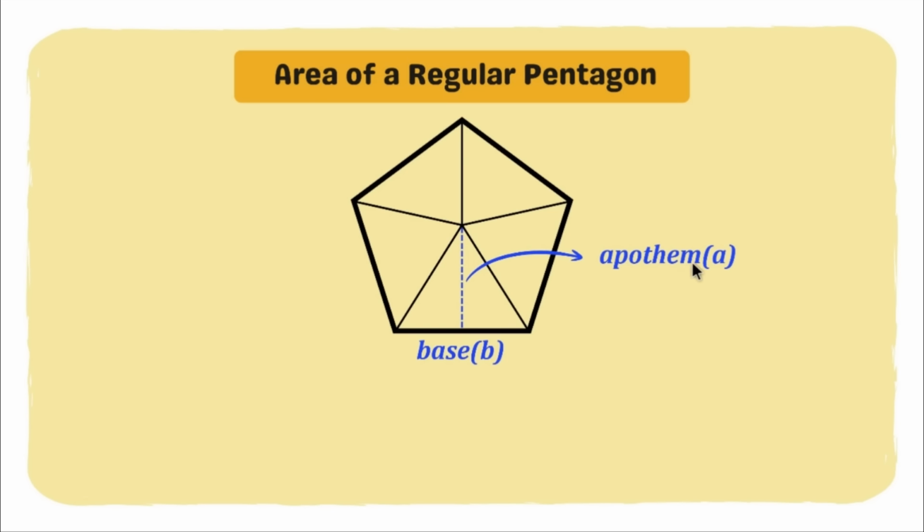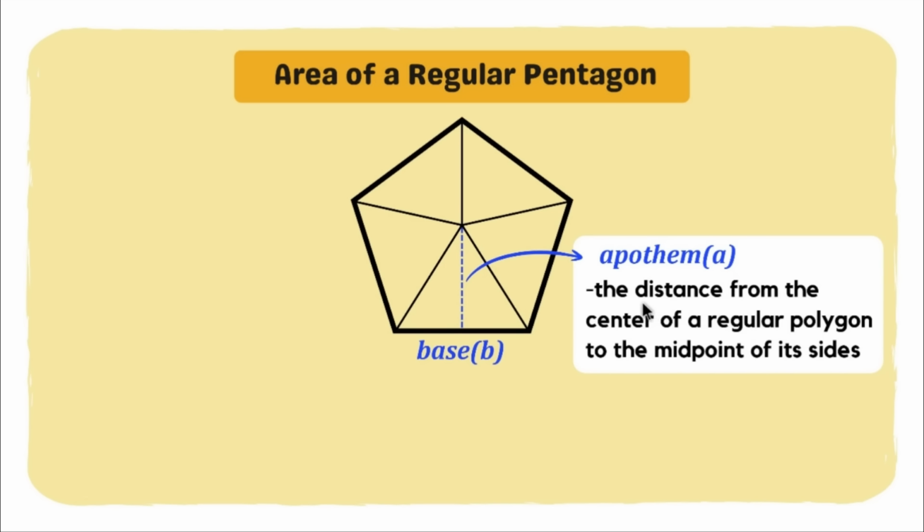Okay, apothem with our notation letter A, small letter A. Ano pong ibig sabihin ng apothem? So apothem is the distance from the center of a regular polygon to the midpoint of its side. So from center, yung gitna po ng polygon natin, regular polygon, hanggang sa midpoint ng kanyang side. Ang tawag po ay apothem.